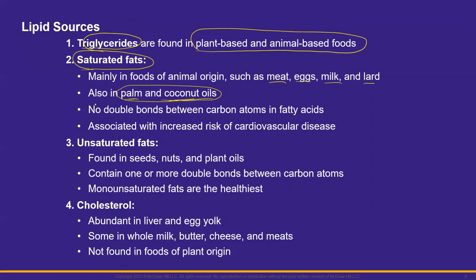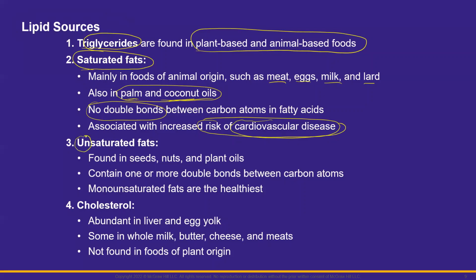These saturated fats do not have double bonds between the carbon atoms in the fatty acid. This is associated with increased risk of cardiovascular disease. You can imagine that saturated fat, being solid at room temperature, also becomes a little bit solid in our blood circulation. It can block the blood circulation.